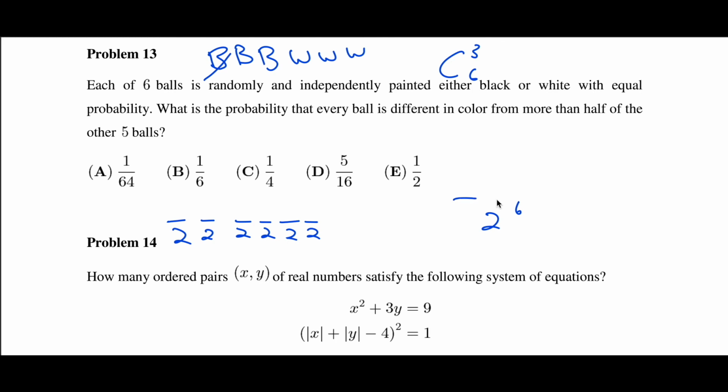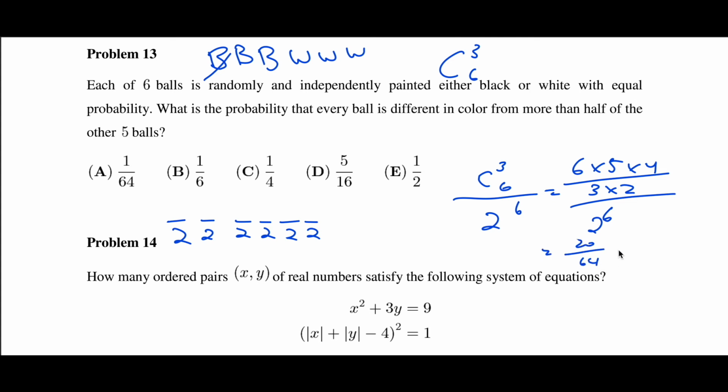So the target probability would be 6 choose 3, which simplifies to 6 times 5 times 4 over 3 times 2, over 2 to the power of 6, which is 20 over 64, which simplifies to 5 out of 16. So the answer is D.